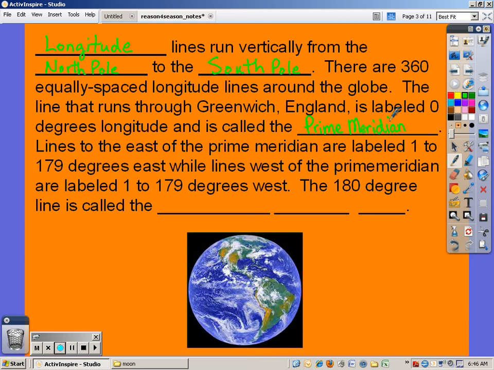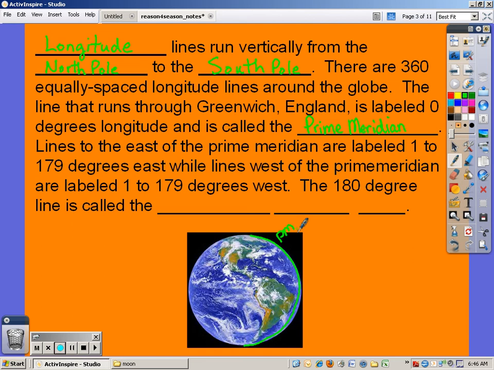Now on the globe we have here, we basically show the Western Hemisphere. So the line running through Greenwich would be approximately right here. That would be the prime meridian. Lines to the east of the prime meridian are labeled 1 to 179 degrees east, while lines west of the prime meridian are labeled 1 to 179 degrees west.